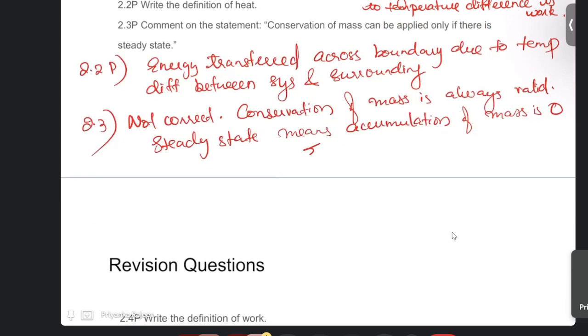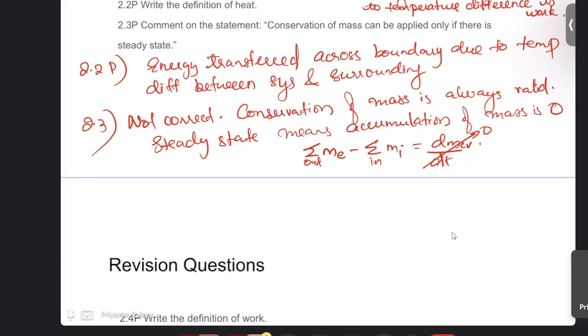Like in our equation, mo minus mi equal to dm by dt, right? dm of CV. So steady state means this will become zero. So whatever is entering is exiting. That means there is no accumulation. Okay. But in unsteady state, what is happening?